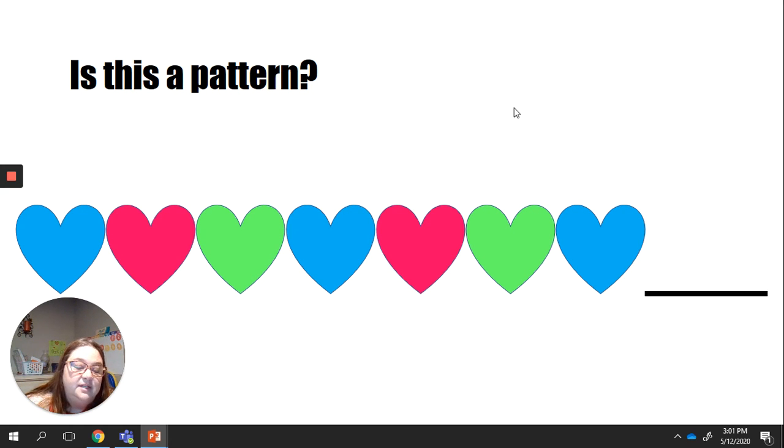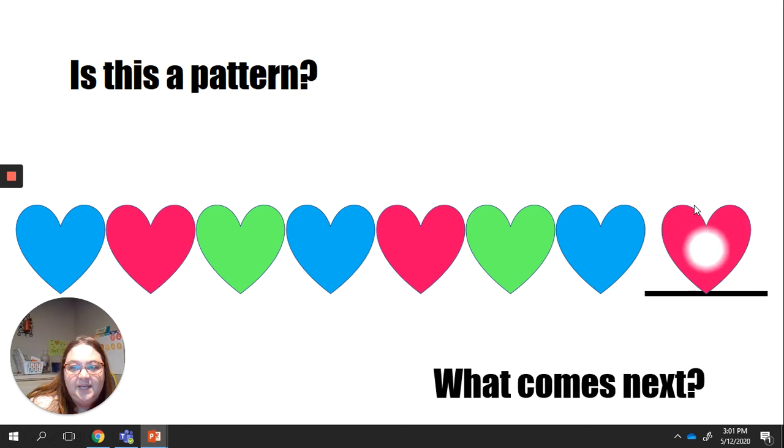It does repeat. That's how I know it's a pattern. But what color's going to come next? Now what I could do is start over here and look at the blue and look what comes next. Blue, pink, green. Blue, pink, green, blue, pink, and then a green would come next.